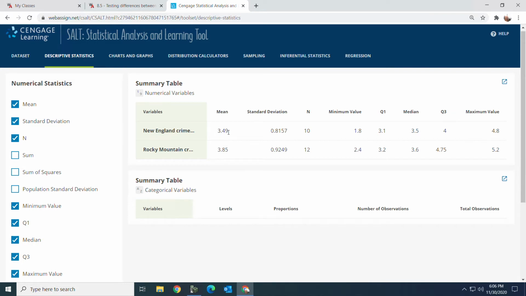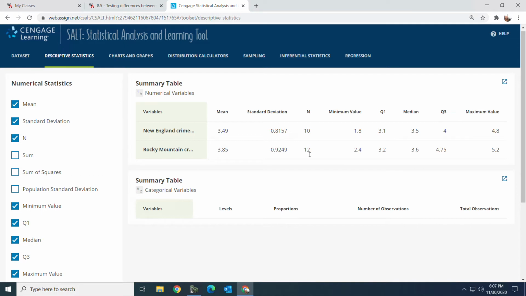So I've written down on my notebook NE, and then under the mean I've got the 3.49 and 3.85 written. For S sub 1, S sub 2, that's going to be these two values respectively, and N1 and N2 are these two values respectively.